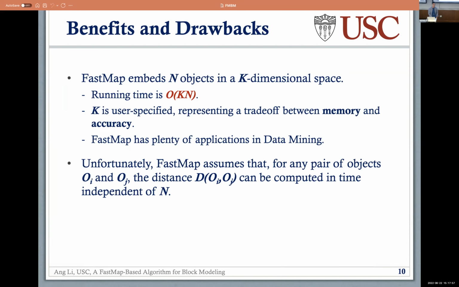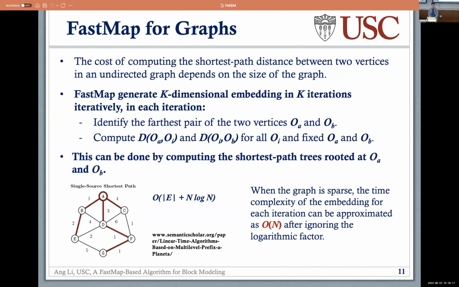Because in a graph, we can simply treat a vertex as an object, but the distances between vertices are usually calculated by a graph-based distance function. And graph-based distance functions usually depend on the size of the graph, which is not independent of n. So how can we do this? How can we embed the graph into the Euclidean space in near linear time?